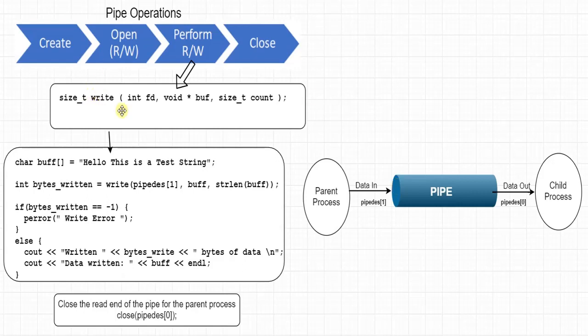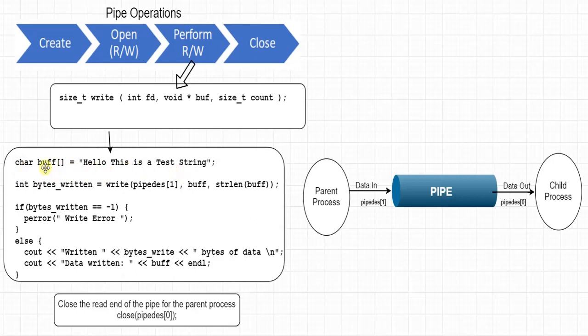The write system call writes the content of the buffer into the file descriptor. The number of bytes of data that is to be written is given by the count variable. In case of success, the write system call returns the number of bytes that are written into the file descriptor, or else -1 in the failure case. So we create a buffer which contains a string, hello, this is a test string.